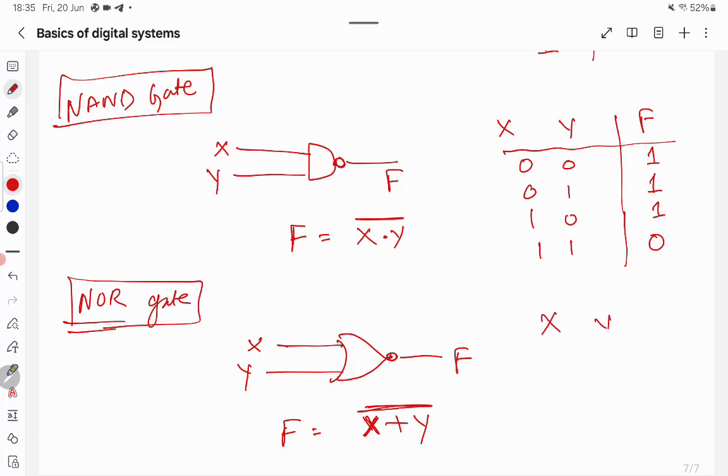So the truth table is like this. 0 or 0 will be 0, but the NOT is there on the top, so it will be 1. 0 or 1 will be 1, but it will be 0. This one will be 0. 1 or 1 will be 1, but with NOT it will be 0.